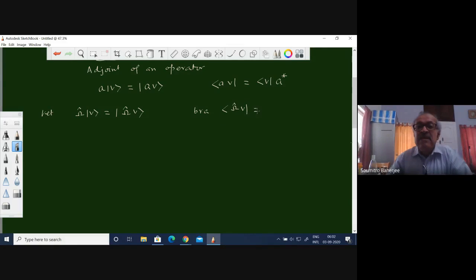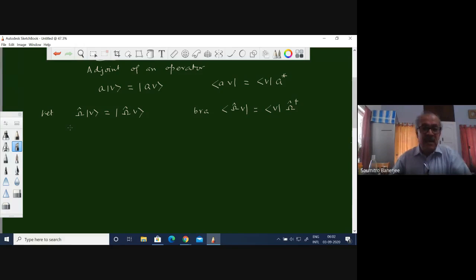See, in the case of a constant, I could take it out, but then I had to put a star. Here also I'll be able to take it out, but then I have to operate with some other operator, which I'll call omega with a dagger. Now this is the adjoint of this.